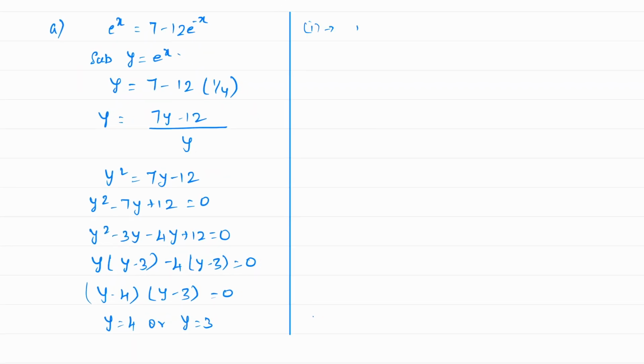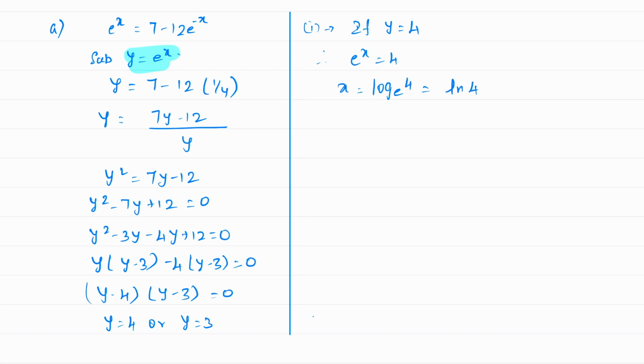If y equals 4, therefore e power x equals 4, because the substitution was y equals e power x. Now this is an index form, we can write it in log form. So x equals log base e of 4, which we know we can write like this: natural log of 4.